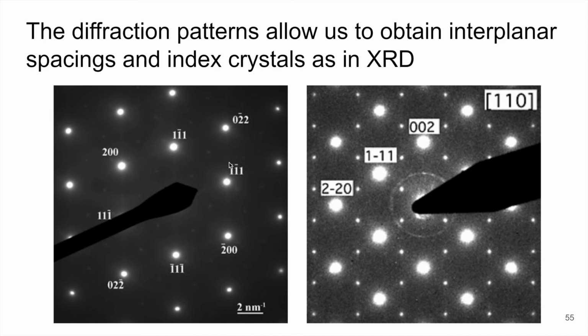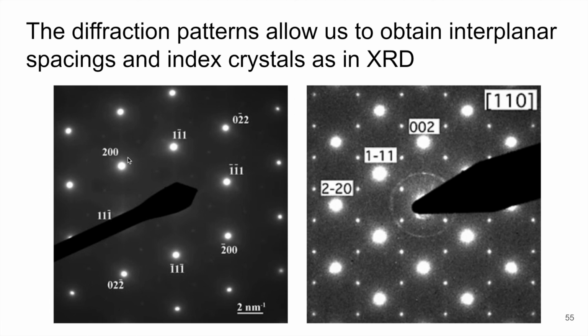And each one of those is going to be tied to a specific plane, as you can see from the labeling here. And just like we did in XRD, if our crystal's unknown, then these spacings with their values can be used to index an unknown specimen, right?